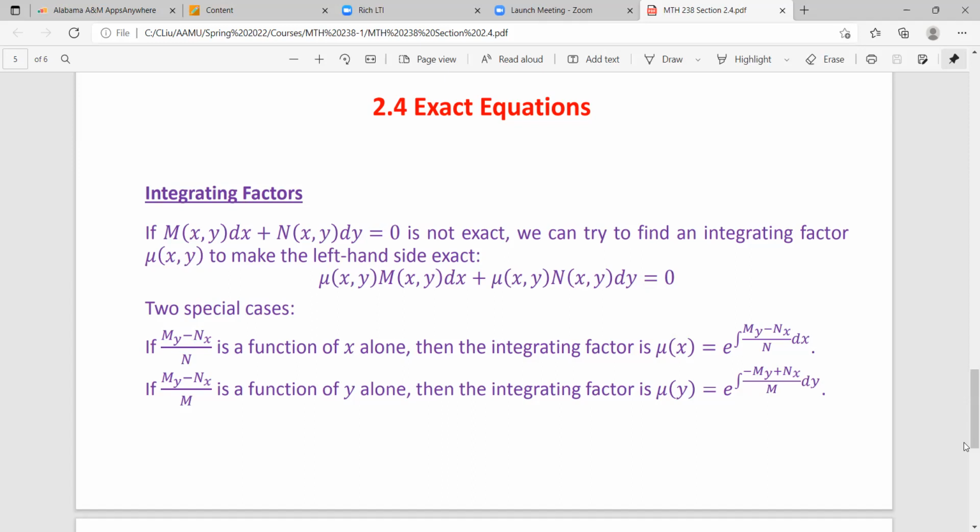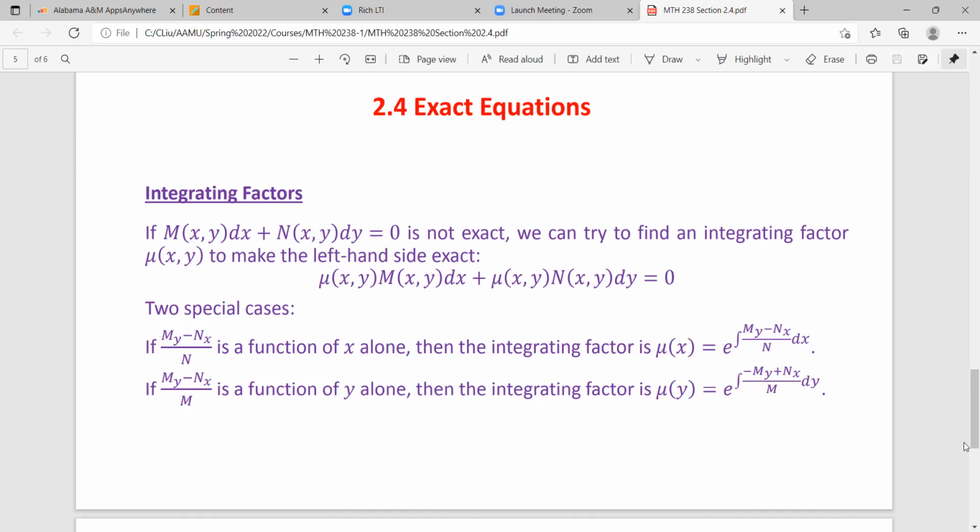So then we get mu times M dx plus mu times N dy equal to 0. And if we can do that, we can find the integrating factor mu to make the left-hand side exact.